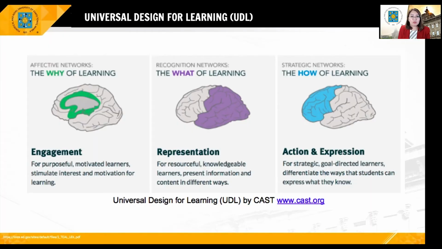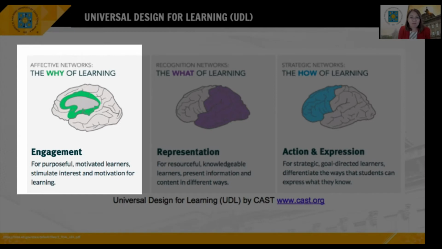The UDL framework is grounded in three principles. First is the multiple means of engagement, which means we tap the interest of our students by offering them choices of content and tools, or motivating them by offering adjustable levels of challenges. So some LMS, in fact, would be able to offer this to students right now, with the gamification or with the learning paths feature.